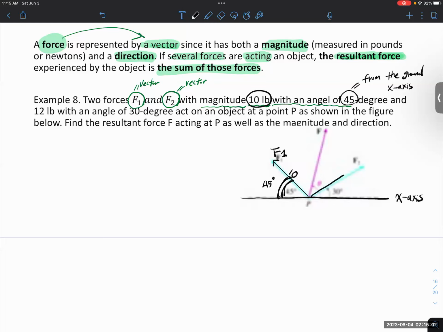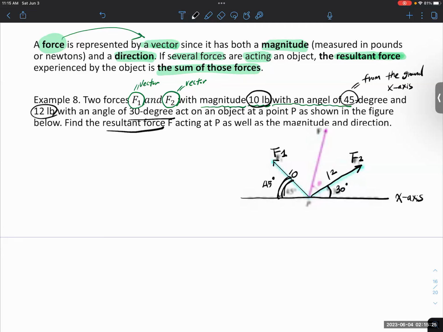Force 2, right there. The magnitude is 12, right? And from the ground, it creates exactly 30 degrees. Everything is given. They want you to find the resultant force, which is the summation of F1 and F2.